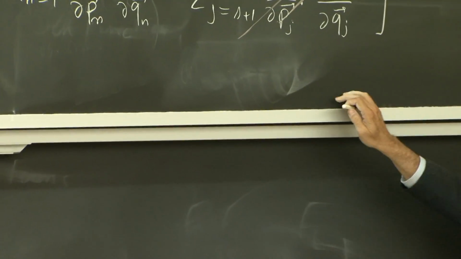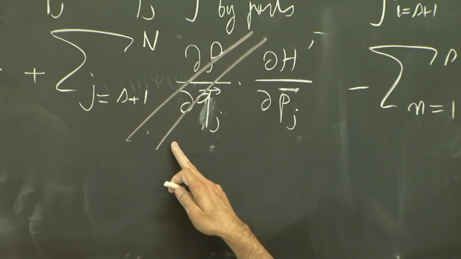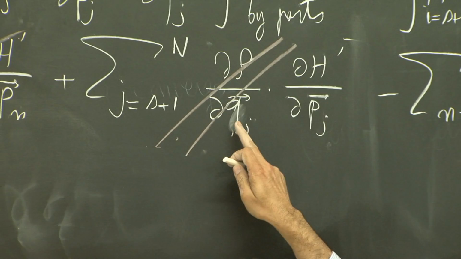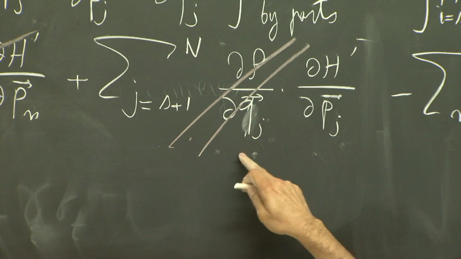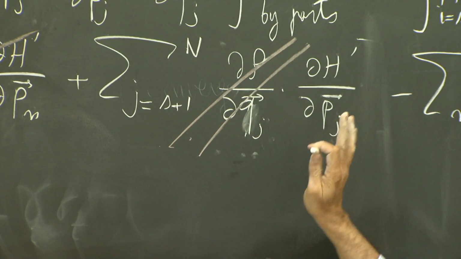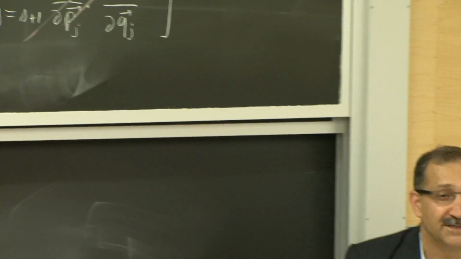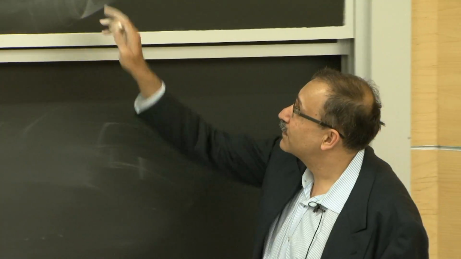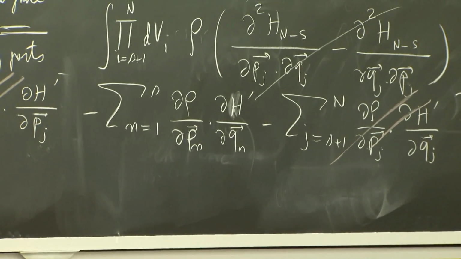So it's actually by itself not 0, but if I do integration by parts, I will have, actually even by itself it is 0, because I would have d by dqj, d by pj, h prime, and you cannot have a double derivative in pj. So each one of them by itself is 0, but in general they would also cancel each other through a similar process. Yes?